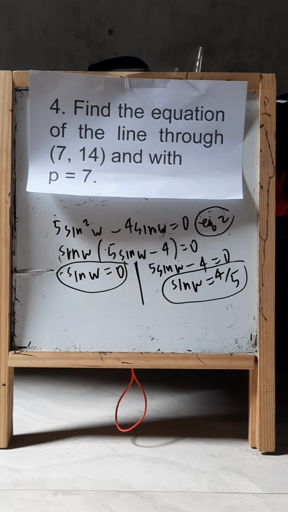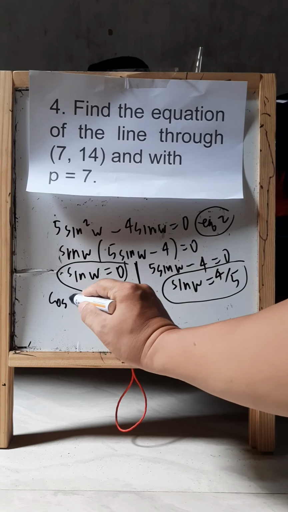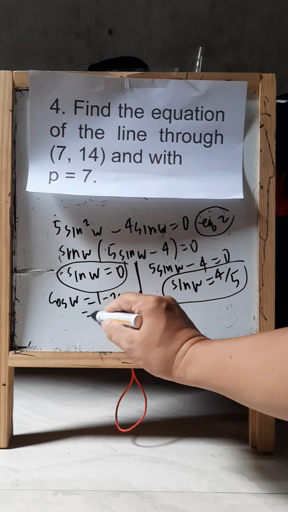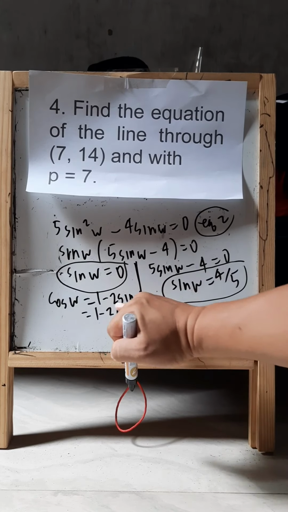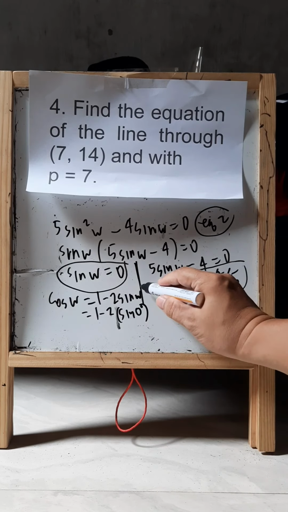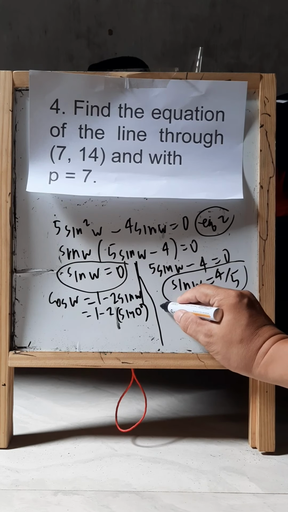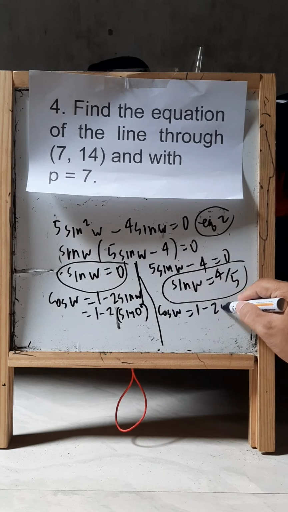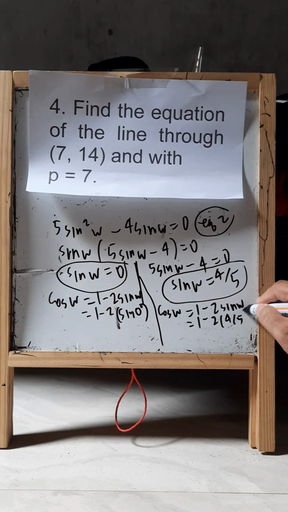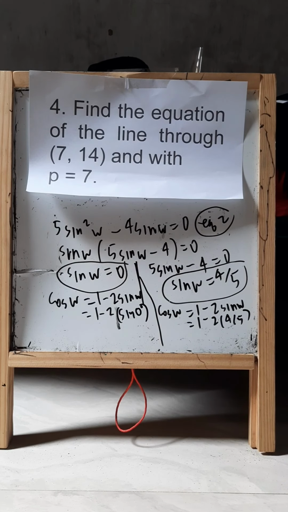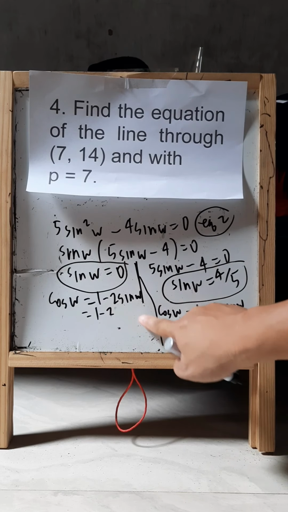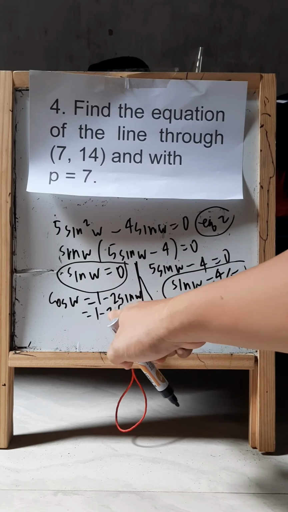Now, if sine w is 0, what is the value of cosine w? Okay, cosine w from equation 1 is 1 minus 2 sine w. So just substitute 1 minus 2 times sine w.